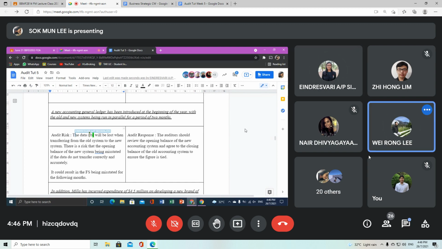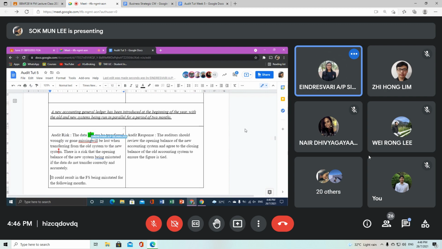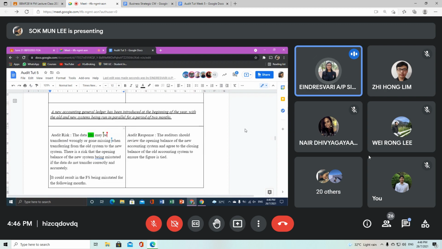Okay. So for the data, which is the trial balance, there might be error in transferring. The trial balance data might be transferred wrongly, or gone missing while transferring from the old system to the new system. Because of that, the opening balance of the new system is misstated.